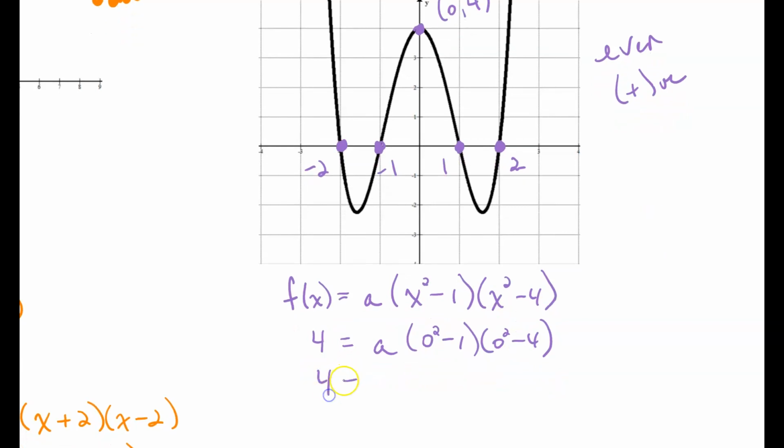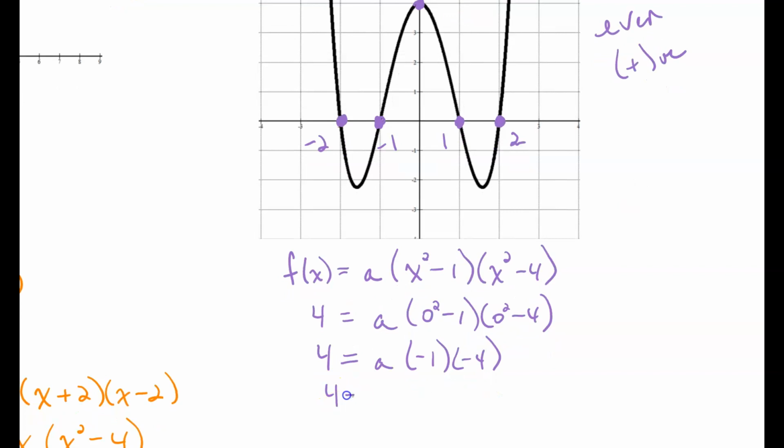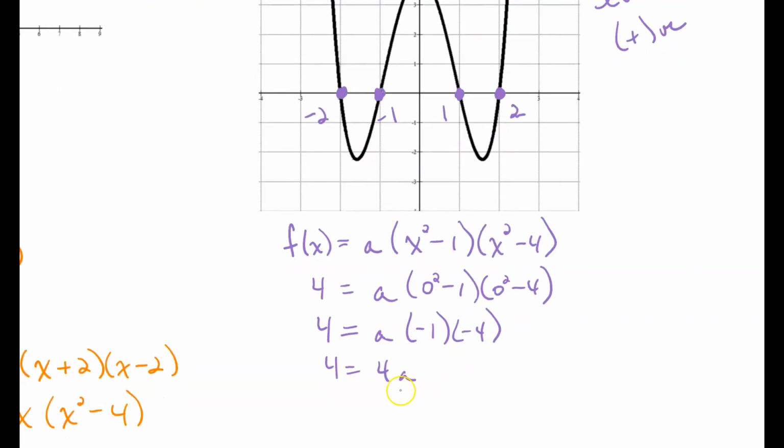So we have 4 is equal to a times negative 1 times negative 4. 4 is equal to 4a, and again, we ended up with a nice simple a value of 1. And so we'll just put it all together. F of x is equal to x squared minus 1, x squared minus 4.